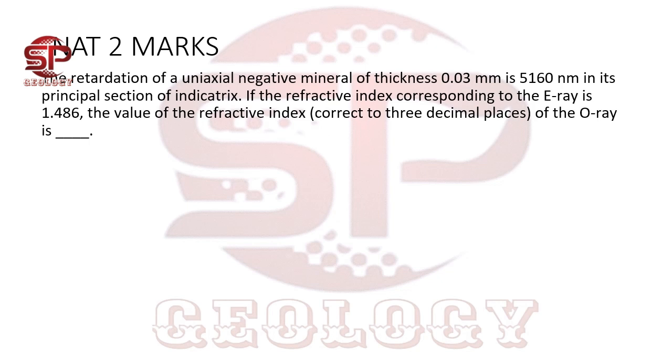We come to the next question: the retardation of a uniaxial negative mineral of thickness 0.03 mm. The retardation, delta, is given as 5160 nm. The refractive index of the E ray, that is epsilon, is given as 1.486.